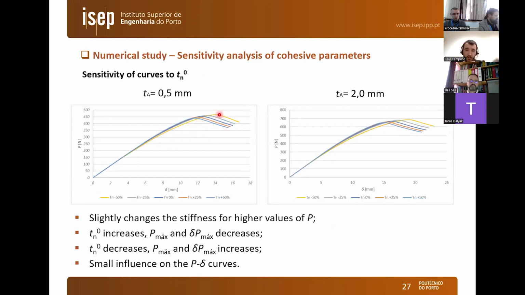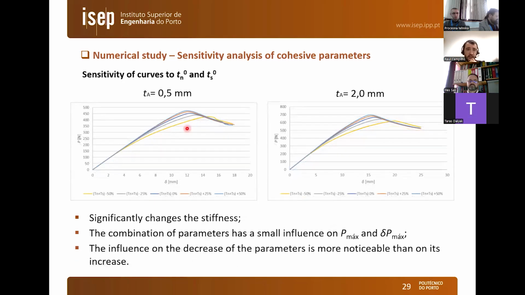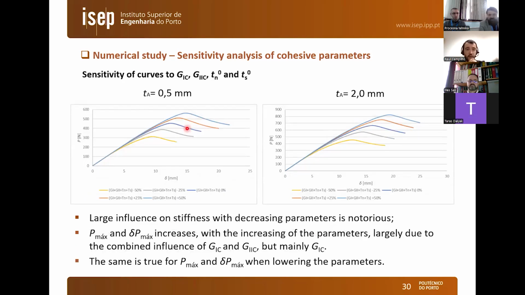By varying the tensile strength of the adhesive, here we have a significantly different behavior because now we have variation in the stiffness and a smaller deviation in the peak load. The same occurs for the shear strength, but here the variation in stiffness is greater. And then we vary the 2 strengths simultaneously, in tension and in shear, and finally all the parameters simultaneously.